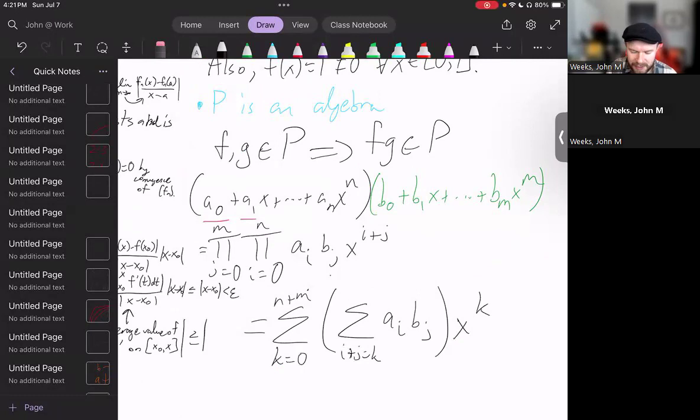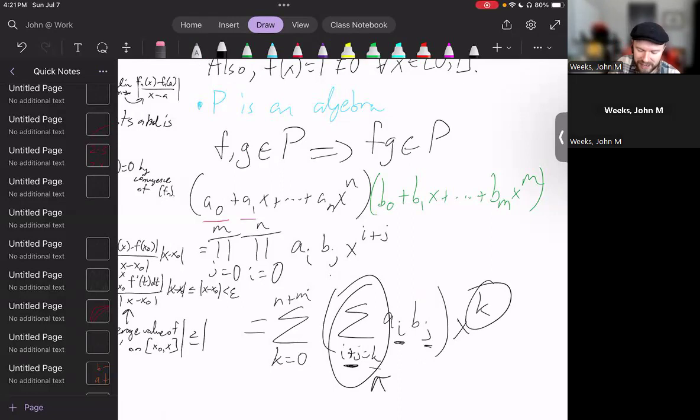So let's talk a little bit about what this series looks like. First, I have written the product in terms of a series, or so I claim, and let me talk a bit about what's going on. This series inside here is saying that I would like the indices i and j to add together to give me the power of k that I'm working on.